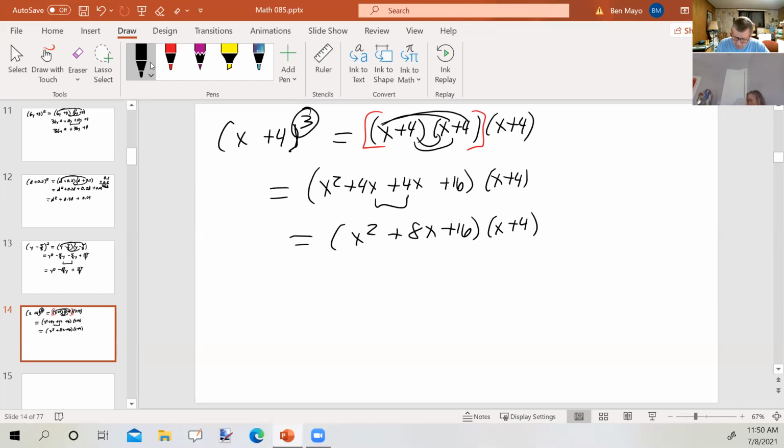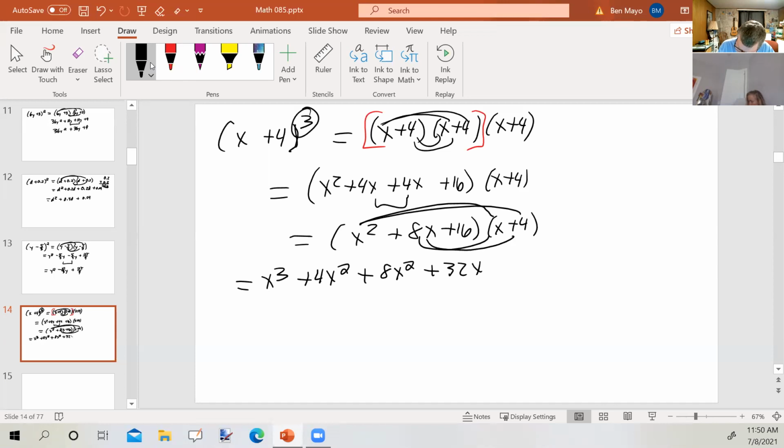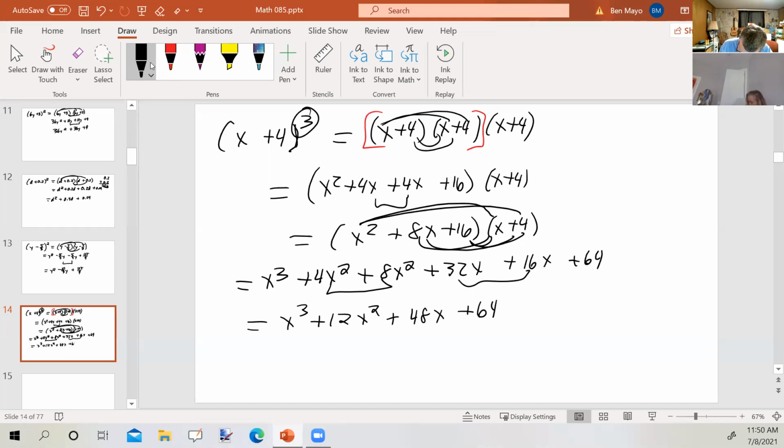Okay, so then we get x cubed plus 4x squared plus 8x squared plus 32x plus 16x plus 64, which is x cubed plus 12x squared plus what, 48x plus 64.